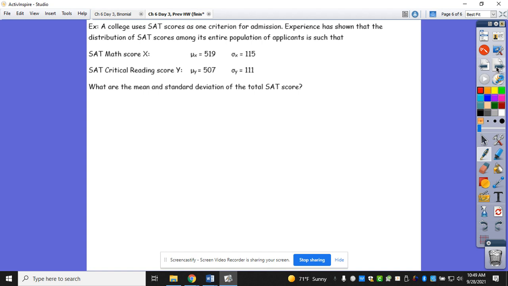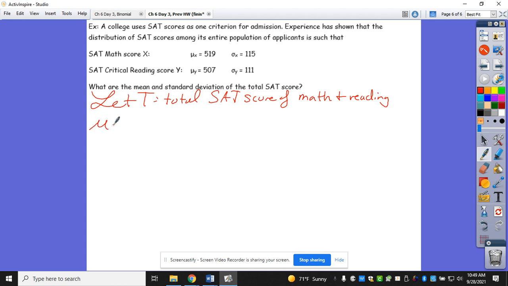So we have to start by defining something. I'm just going to do T as my total. So now I'd write mu of T equals what?